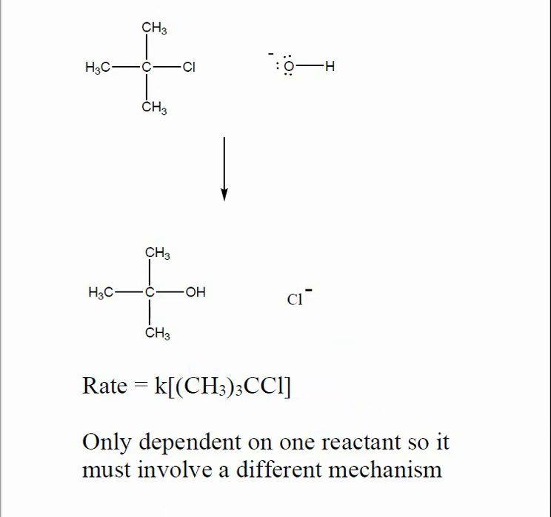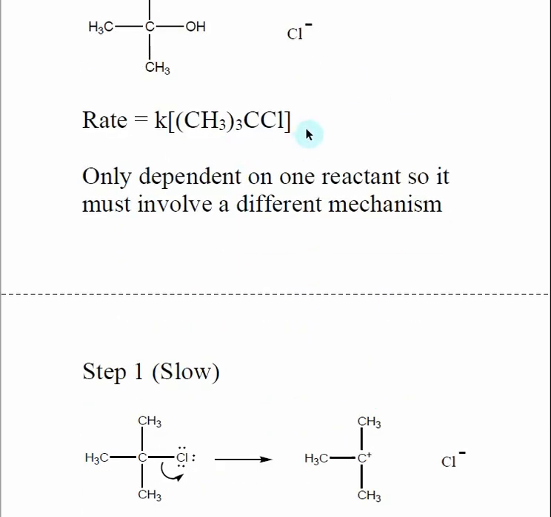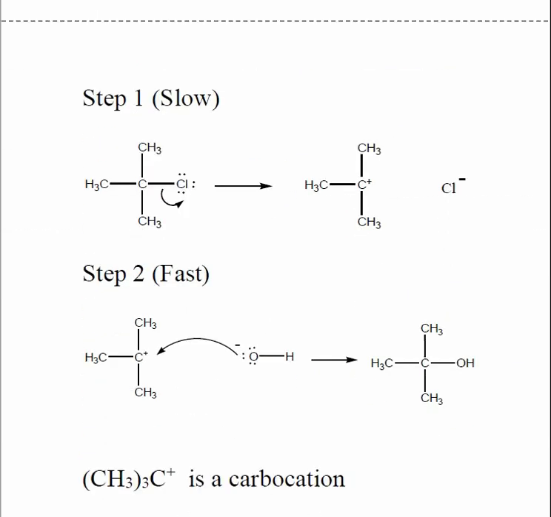So we know, because there's only one species in the rate determining step, the mechanism is going to be a little bit different. And a lot of the time when people talk about rate determining steps, this is the example that they use in general chemistry. So for SN1 reactions, the overall process is broken into two steps.